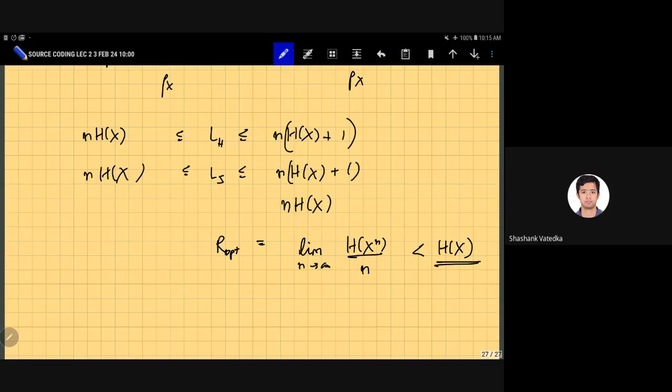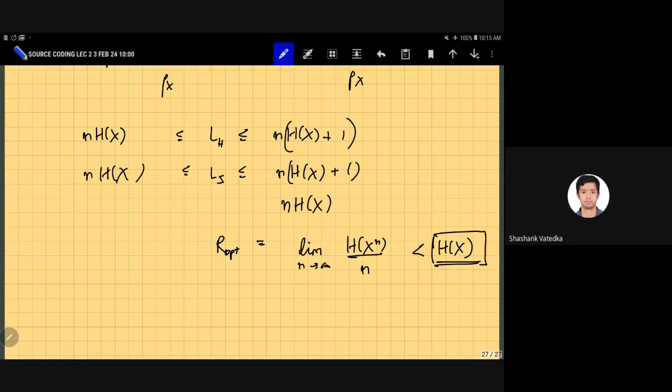Of course, you can do block-wise encoding using the Shannon-Fano-Elias code or the Shannon code or the Huffman code and get a rate better than H(X). But if you do symbol-wise encoding, this is the best that you can hope for. If you use arithmetic codes, you cannot do any better than H(X).